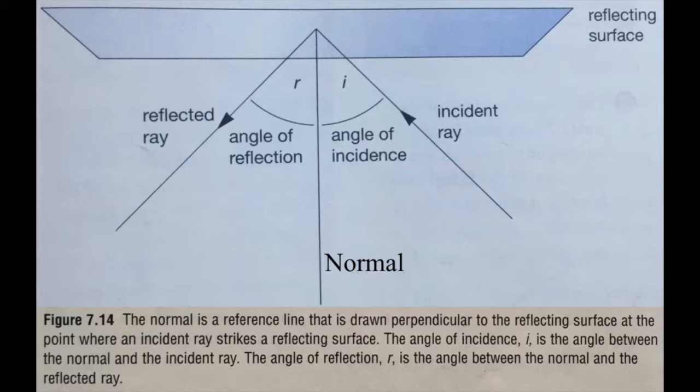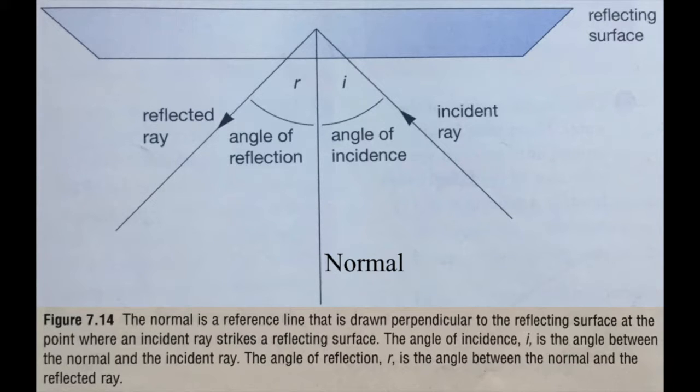To find out in which direction each ray of light is traveling, you can measure an angle. To do this, draw a reference line that is perpendicular, 90 degrees, to the reflecting surface at the point where the incident ray strikes the surface. This line is called the normal.